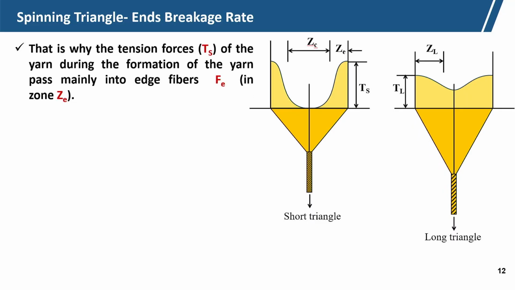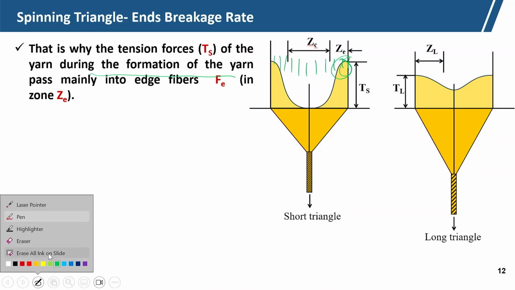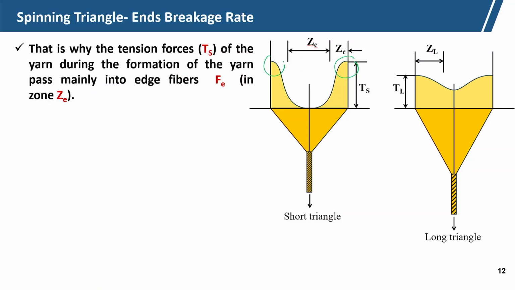Now, try to see here. This plot is the tension force Ts on the fibers during the formation of the yarn. Looking at the fiber alignment, the tensional force at the edge fiber is maximum, and at the center fiber it is minimum.